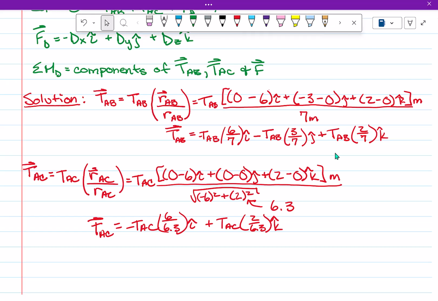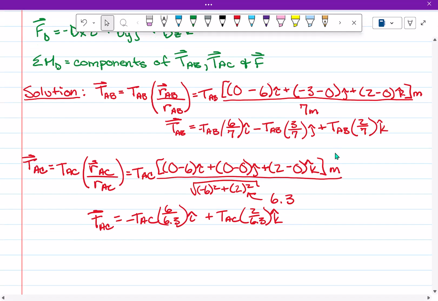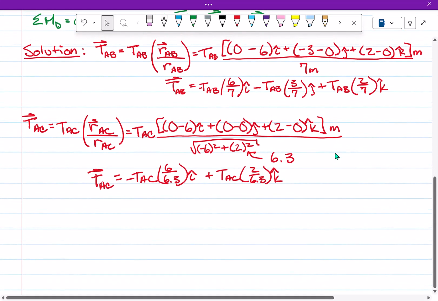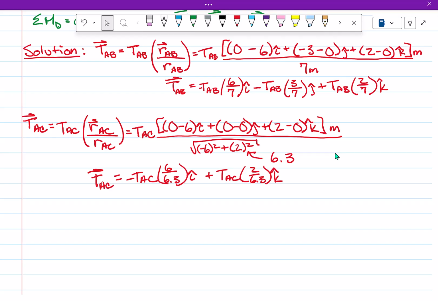Again, that gives us the vector of the tension AC is equal to negative tension AC times 6 divided by 6.3 I plus tension AC times 2 over 6.3 K.